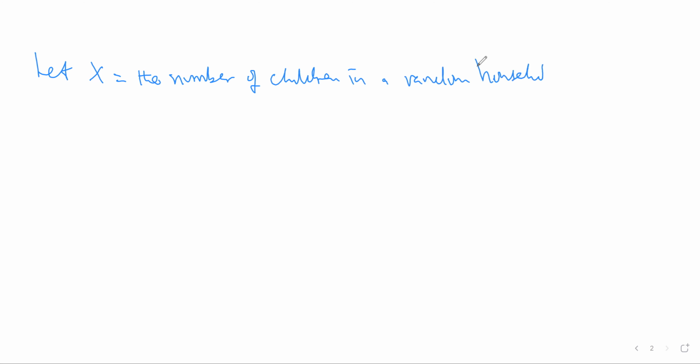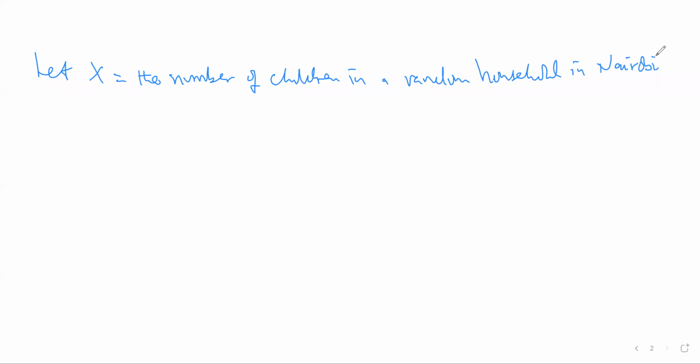You can have this variable: let X be the random variable representing number of children in a random household, in, let's say, a certain estate in Nairobi.